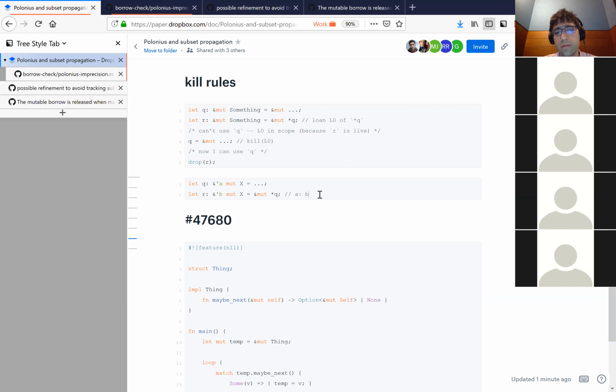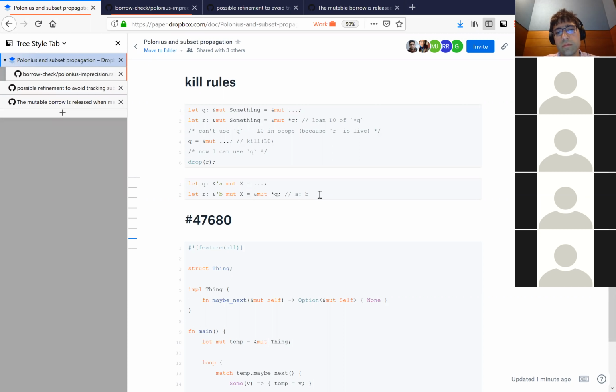So the analog in Oxide would be basically that we do this flows-into and don't really create a loan for dereferences to places. So we don't need a kill rule because we don't make that loan L0 of deref Q. We just flow all of the information from A into B. Does that stop Q from being usable?